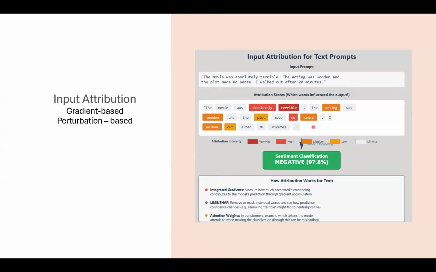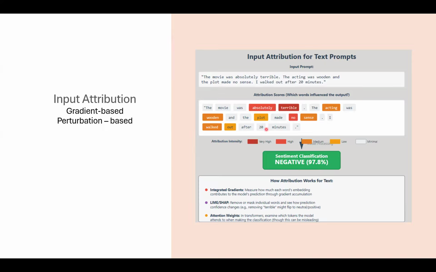So you try to see how the input affects the output, or map the influence of input on the output itself. For example, 20 minutes is not significant for sentiment classification. It could be 30 minutes, 10 minutes, or 2 minutes.